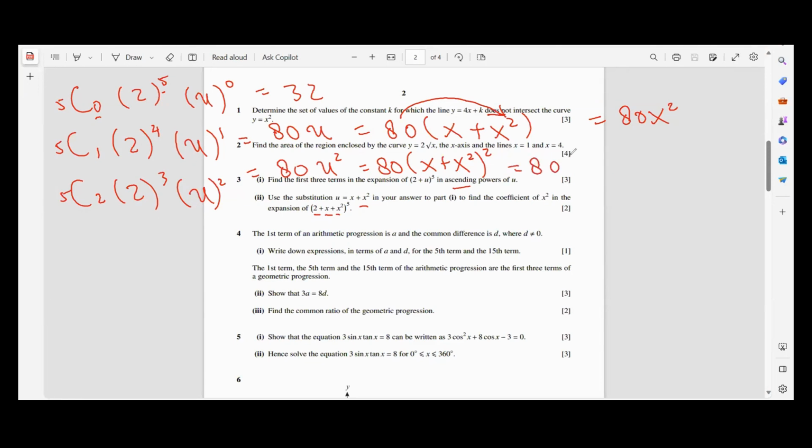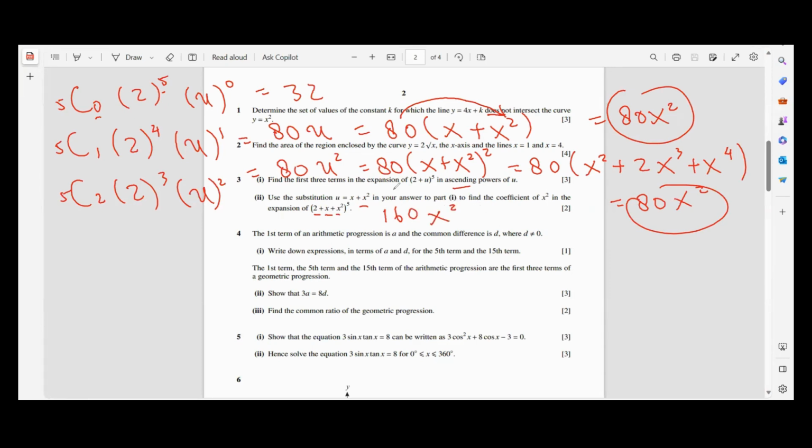So 80 times x squared plus 2 times x to the power of 3 plus x to the power of 4. So this is also 80x squared. So I have to total this 80x squared and 80x squared, so it will become 160x squared plus 8. So the answer is 160. That is for the 3i.